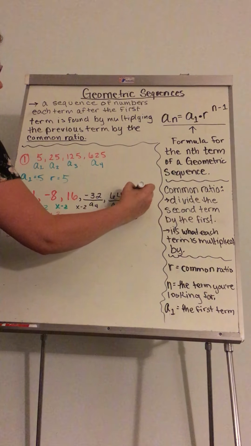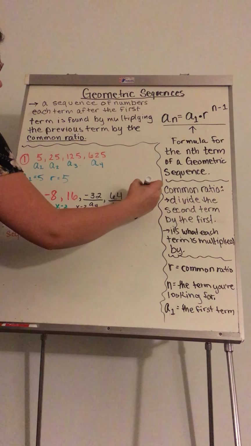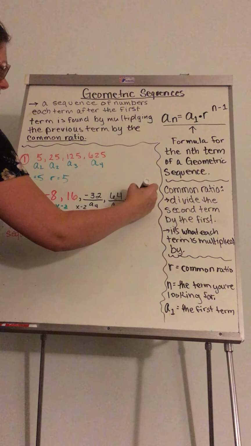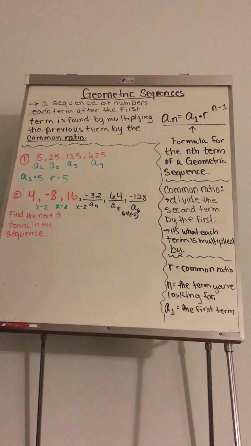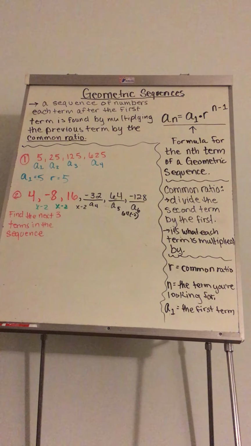And that's going to be -128. I don't know why I said that. Okay, so again, it goes positive, negative, positive, negative, because you're multiplying by -2 each time, and you have to follow your integer rules.